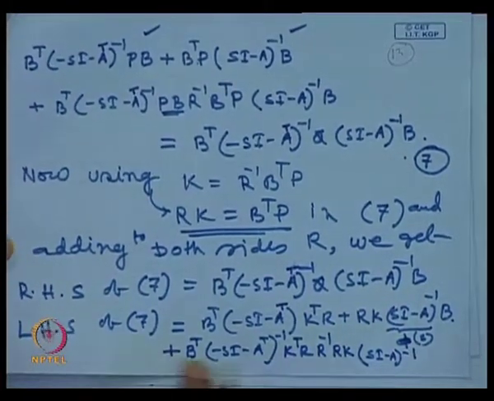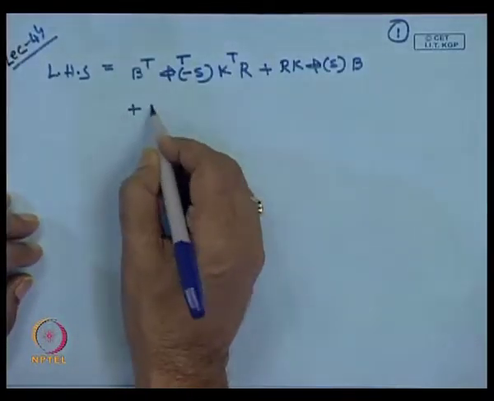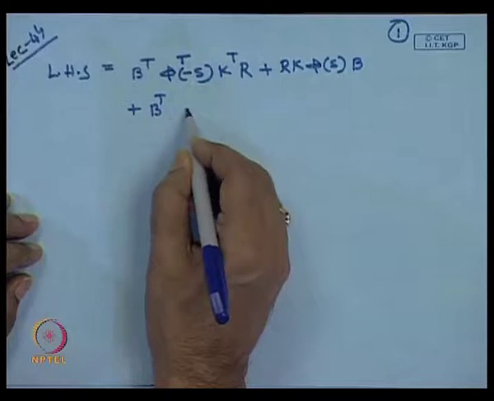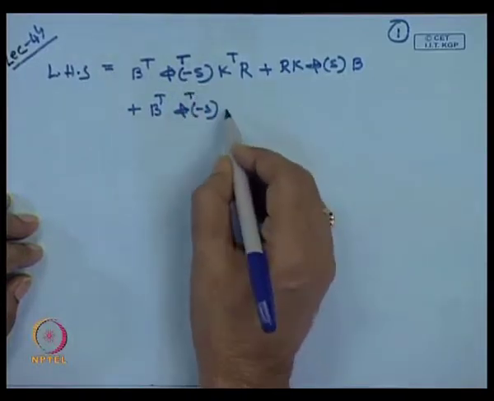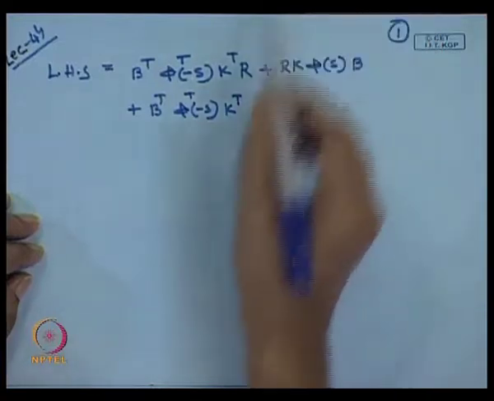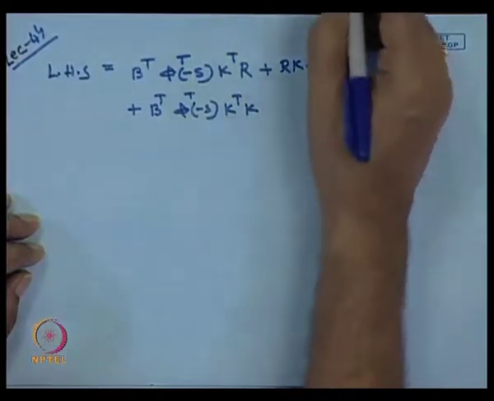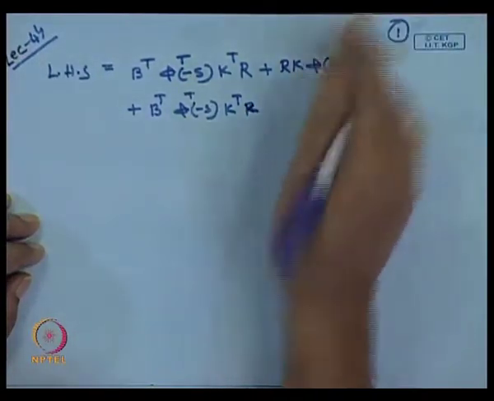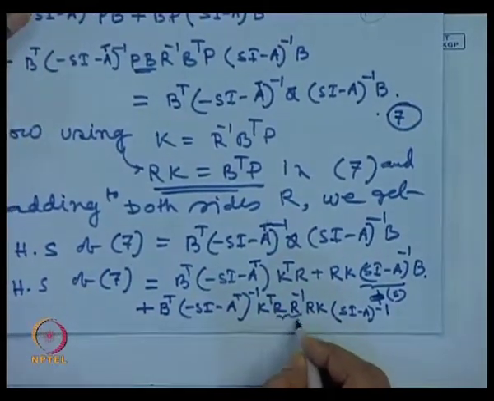Now the third term is coming here. If you see, it is B transpose phi minus S transpose, then K transpose, then K transpose R K, K transpose. You see, this is as it is, this is identity matrix.